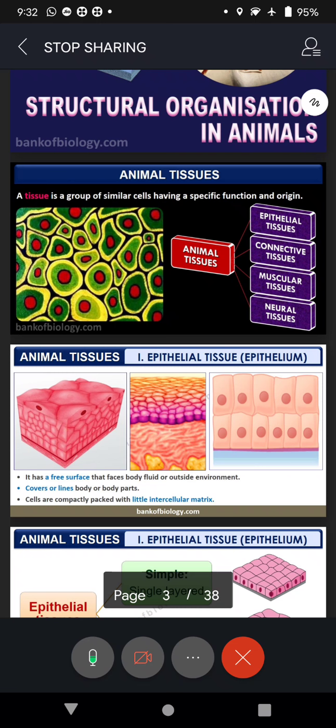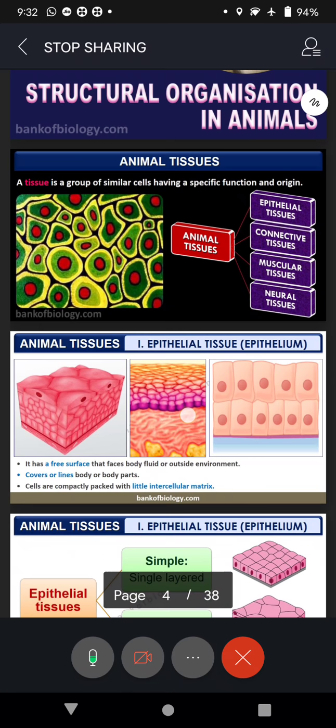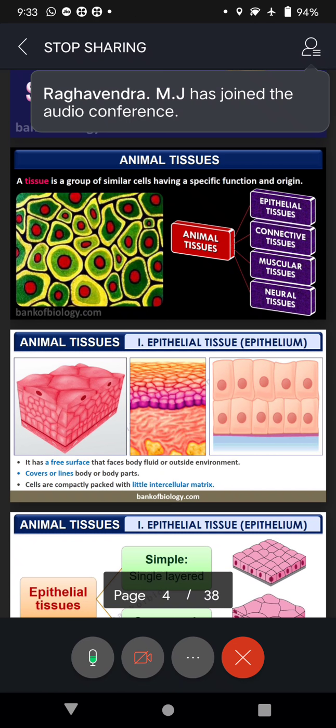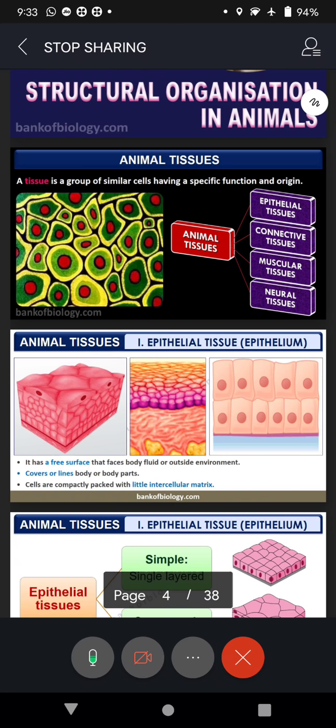All of us in junior classes, we have defined what is a tissue, isn't it? Tissue is a group of similar cells having specific function and origin. Here 2 points are important. Origin should be same. Remember, all of us have originated from single cell called zygote.